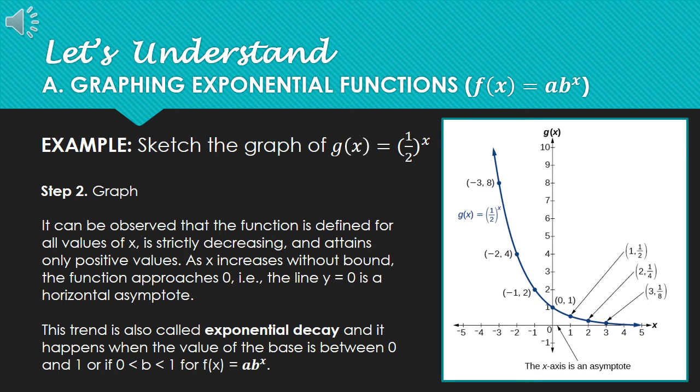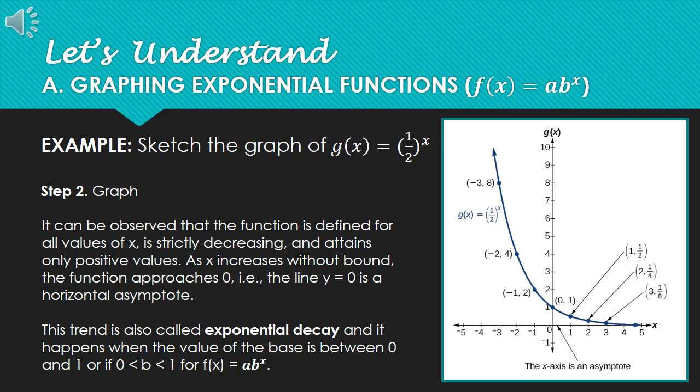So now let us proceed in graphing. So yung mga values ng x and f of x natin, we just have to plot it, and on our right side, we can now see how our function looks like. So makikita natin pababa yung slope niya, pababa. So it can be observed that the function is defined for all values of x.